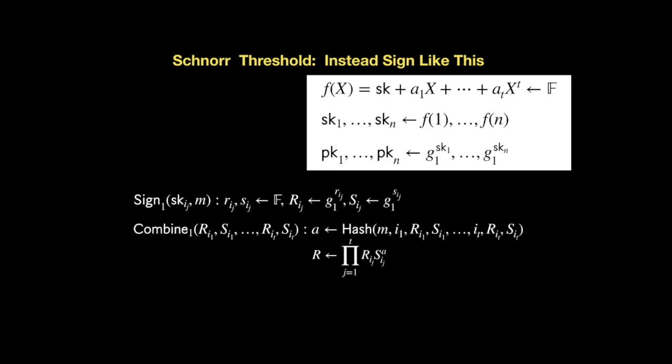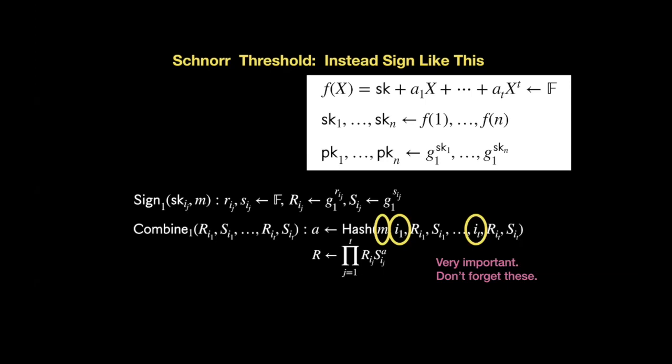When we're combining, we're not just going to combine using a product. Instead, we're going to generate a hash. And this hash is going to take as input the message plus the index of the people signing plus all of the nonces. And then we're going to use that in order to randomize our combined nonce.